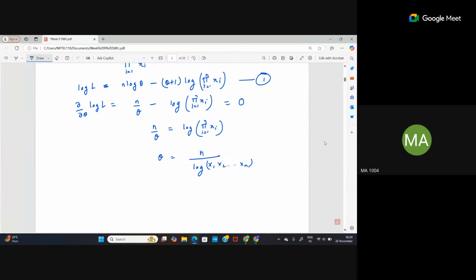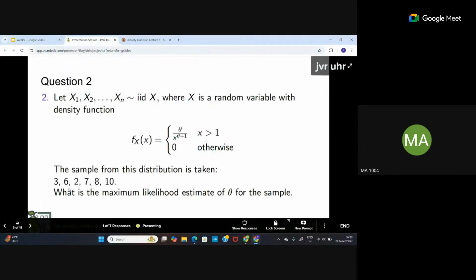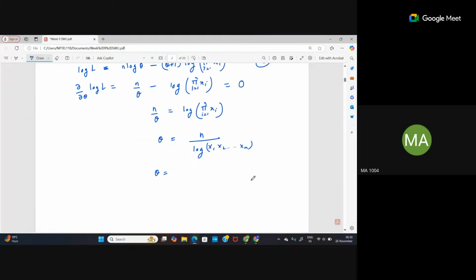Now you have to put in all the values which are given in the question. The sample is given to us: 3, 6, 2, 7, 8, 10. The sample size is 6 here, so n is equal to 6.